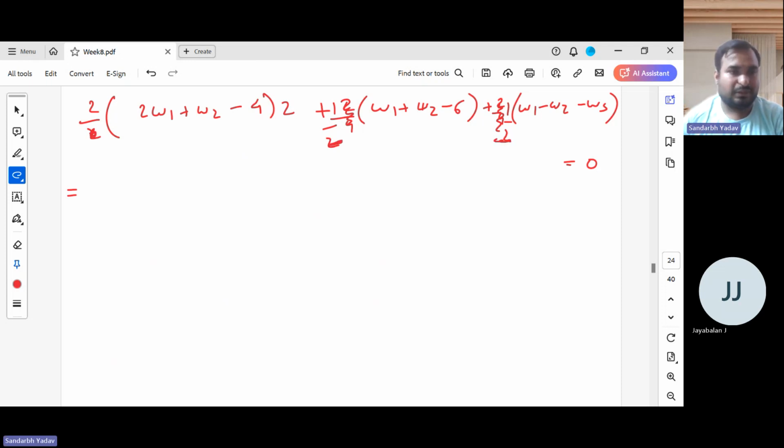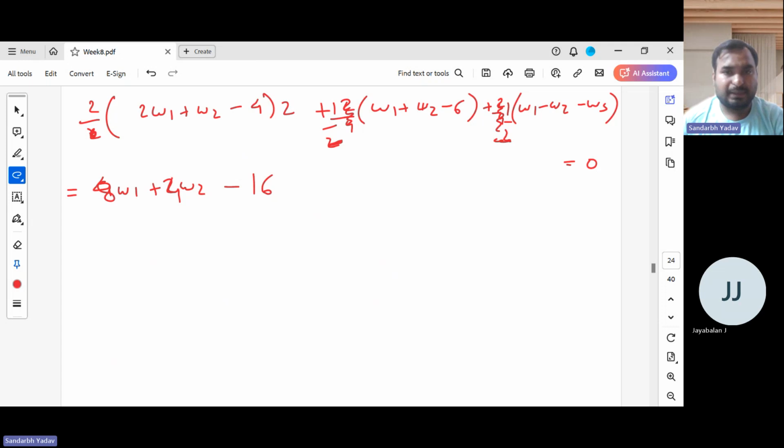So it becomes 4W1 plus 2W2. There is one more 2 right here, so that makes it 8. This will be 4, 16, right? So this term is 8W1 plus 4W2 minus 16.